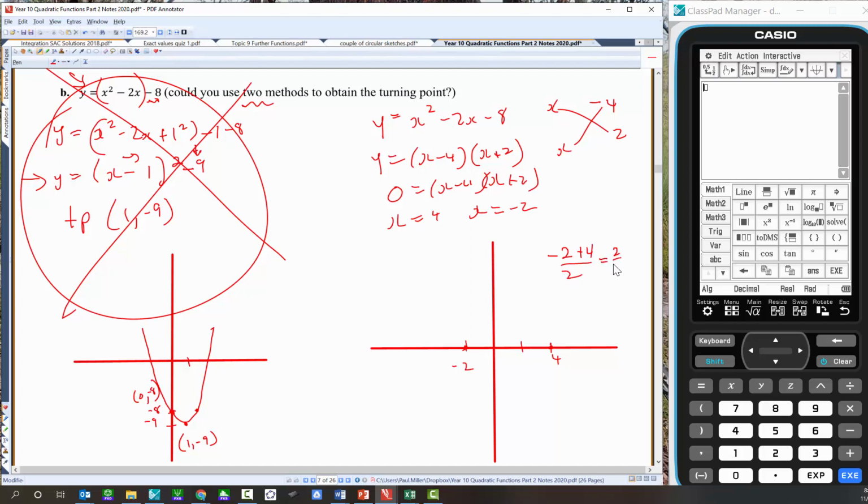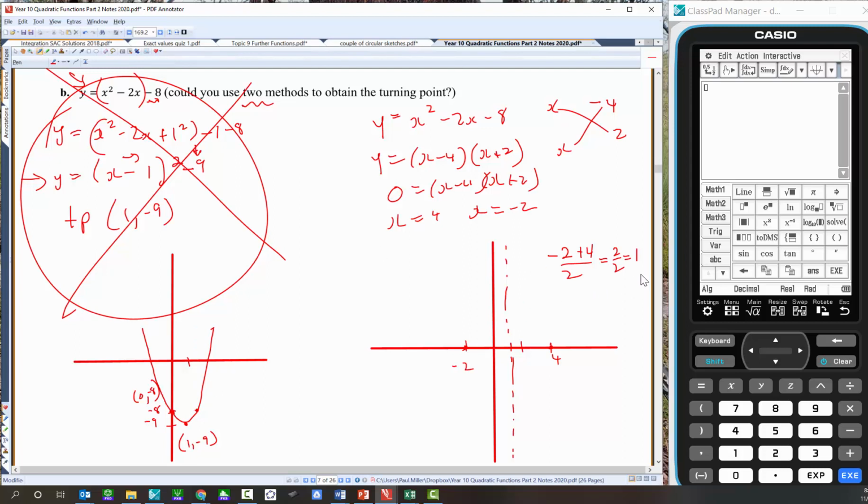That's going to be 2 over 2, which is 1, which seems to make sense because here's 1 here. I'm just going to draw a line, 1 along there. That seems to make sense that it's the midpoint because it's a distance of 3 to get to -2 and 3 to get to 4. It also makes sense because what was the axis of symmetry on this parabola here? It was along the line x is equal to 1.